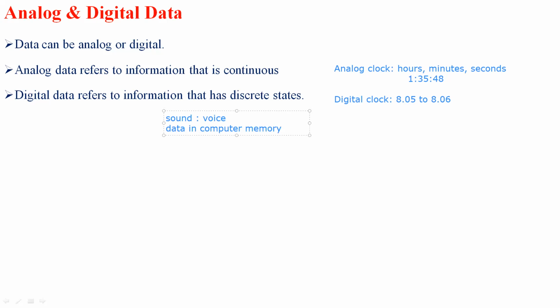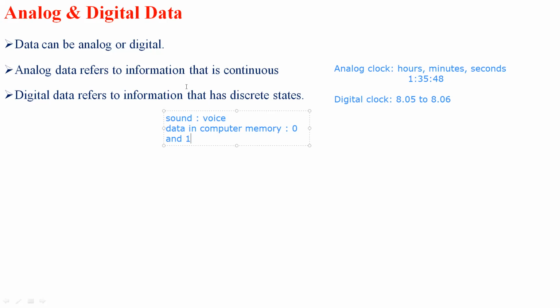We know that data stored in a computer is in the form of binary, that is, zeros and ones, right? This is converted to digital signals and modulated into analog signals by using the transmission media. These are very good examples of analog as well as digital data.